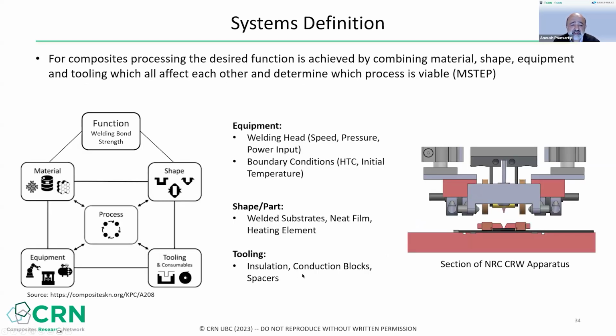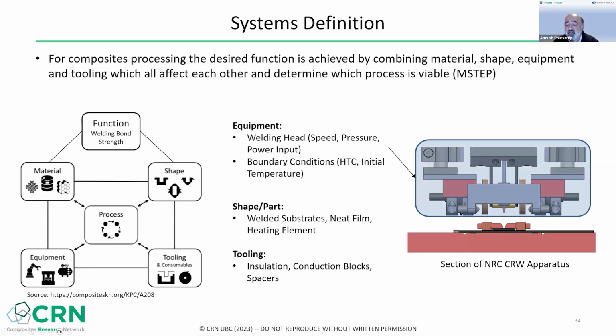And just as I explained at the very beginning, you ought to start with a very systems-based description of your complete system. So in this case, again, going back to our M-step definition framework, what we have is the equipment, which is the top side of the system.